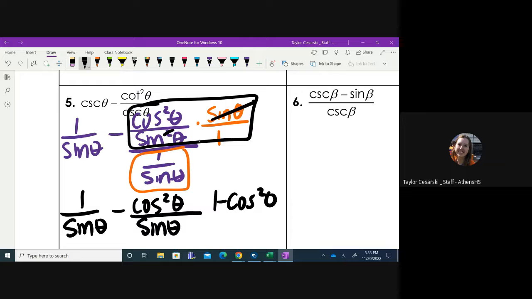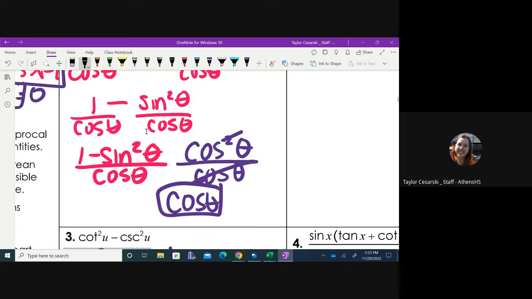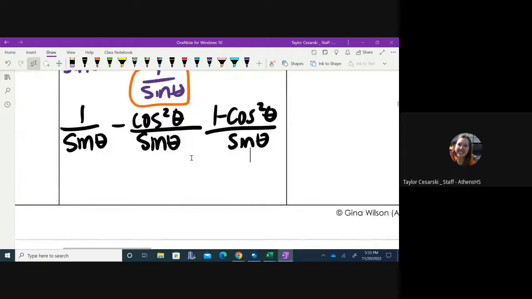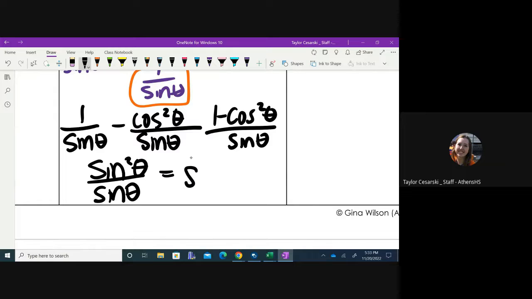Because I have a common denominator, I can go ahead and combine that. Remember 1 minus cosine squared, that's the idea up here. 1 minus sine squared is cosine squared, so 1 minus cosine squared is sine squared of theta. Over sine of theta just gives me sine of theta.